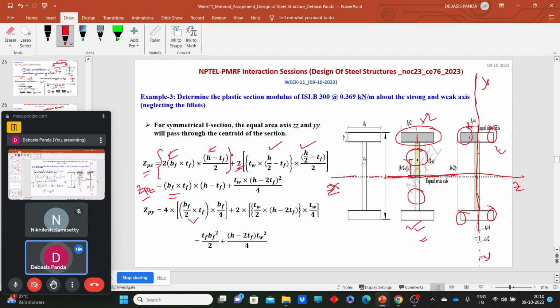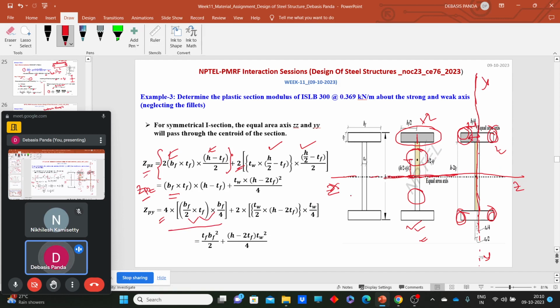The CG distance will be BF by 4. Now multiplied by 4. Why multiplied by 4? Because we have 4 sections, 1, 2, 3, 4. For these 4 sections about Y, we have calculated the area and the CG distances. So that comes as this part.